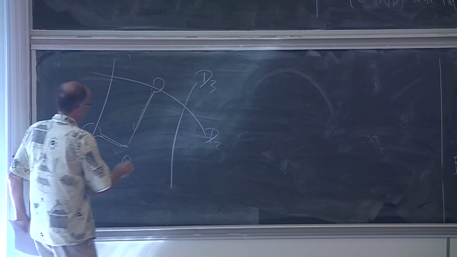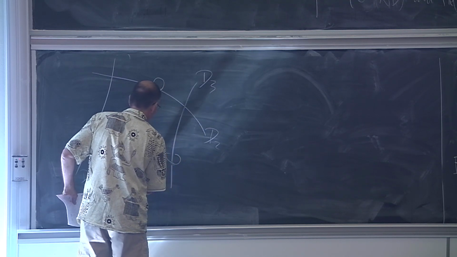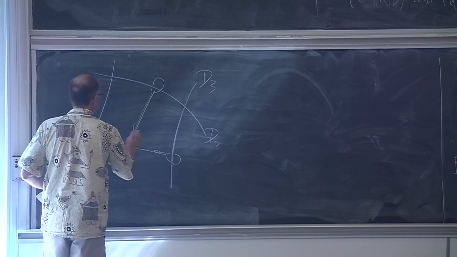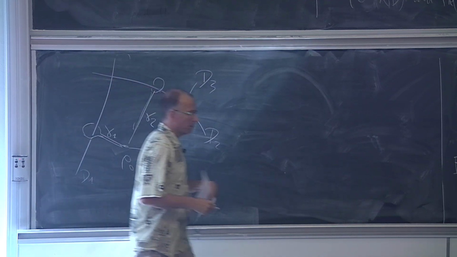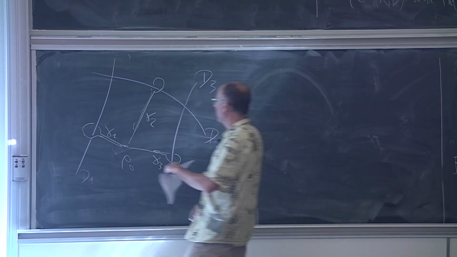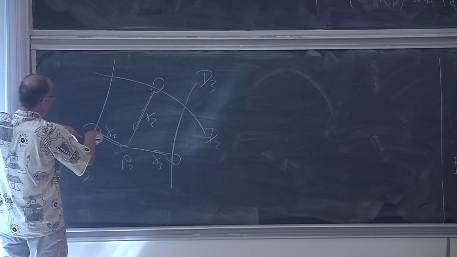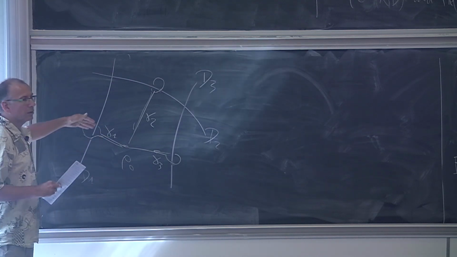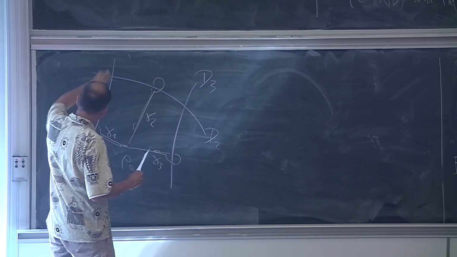So γ1, γ2, γ3. And then the local monodromy is the restriction of ρ to a transversal disk. Okay?